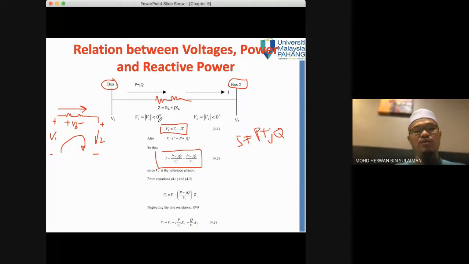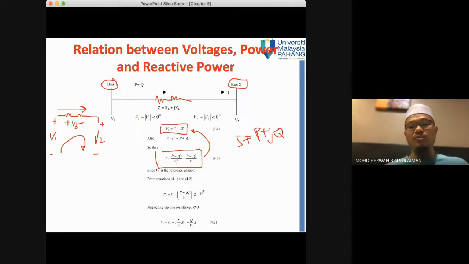Since V1 is our reference, the conjugate is not a problem, so you get P minus jQ divided by V1. Since V1 is the reference phasor, with angle zero. And from this equation, you substitute it back into the earlier equation, and you will get V1 minus P minus jQ divided by V1 times Z.